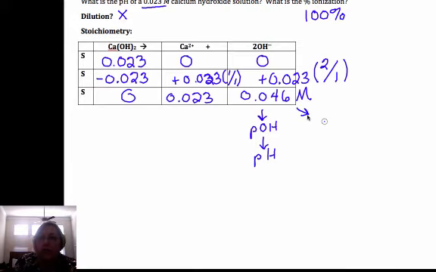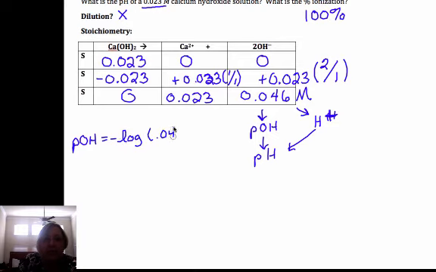Now, this is my OH-, so what I'm going to do is calculate pOH and then get to pH. You could just as easily go from OH- to H+ to pH. I just think it seems like fewer keystrokes when I do it this way. So I'm going to get my pOH, and that's minus the log of 0.046. And I get 1.34 for my pOH, but you can't stop here.